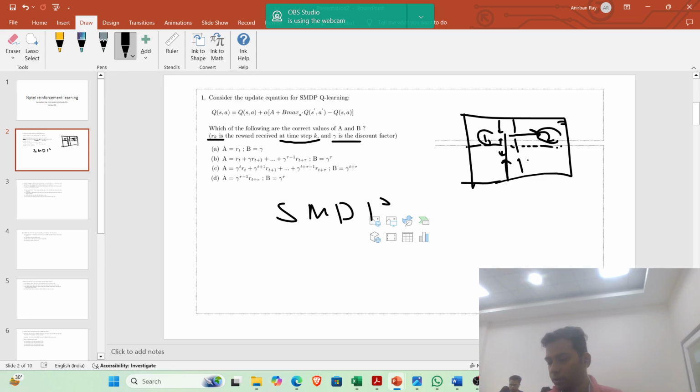The first way of doing it is called the recursive optimal way, and this is the hierarchical optimal way. If you ignore hierarchicality, that is called the flat optimal way. For the recursive optimal way, we have the semi-Markov decision process.